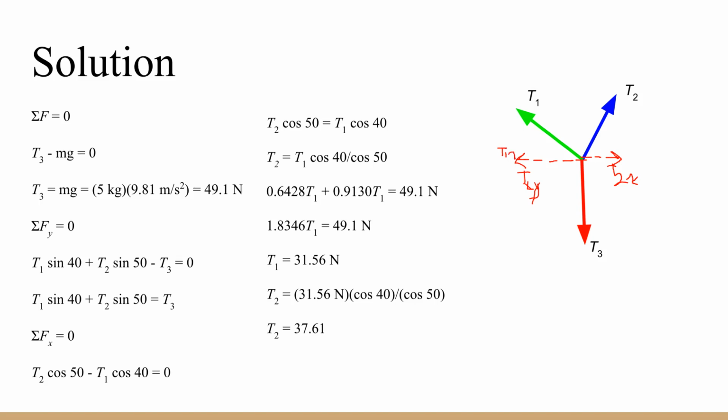That must cancel. This is T1y, and T2y. I'm sorry for the confusion. However, it's resolved. So that's T1x, that's T1y, and this is T2y.